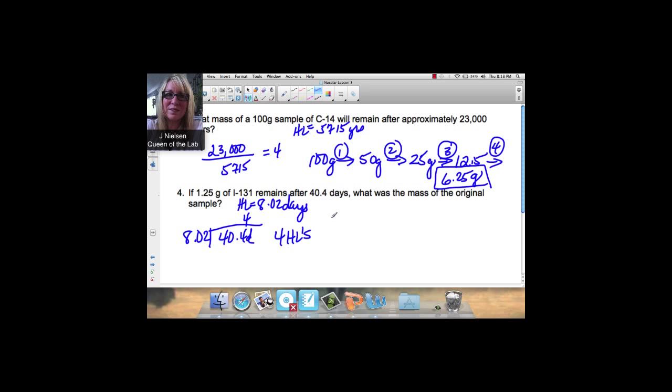And what was the mass of the original sample? So we have 1.25 grams, 2.50, 5 grams, 10 grams, and 20. So we've got 1, 2, 3, 4. So we wound up with 20 grams as the original sample.